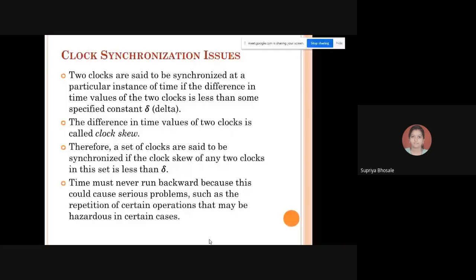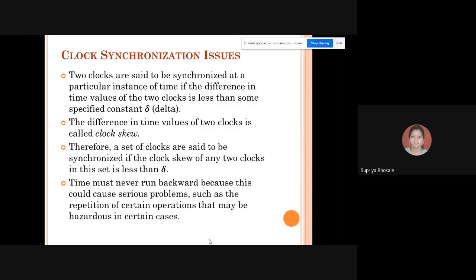Then the difference in the time values of 2 clocks is called a clock skew. Basic definitions are given here. Fill in the blanks kind of questions may be asked on this statement: the difference in the time values of 2 clocks is called a clock skew.